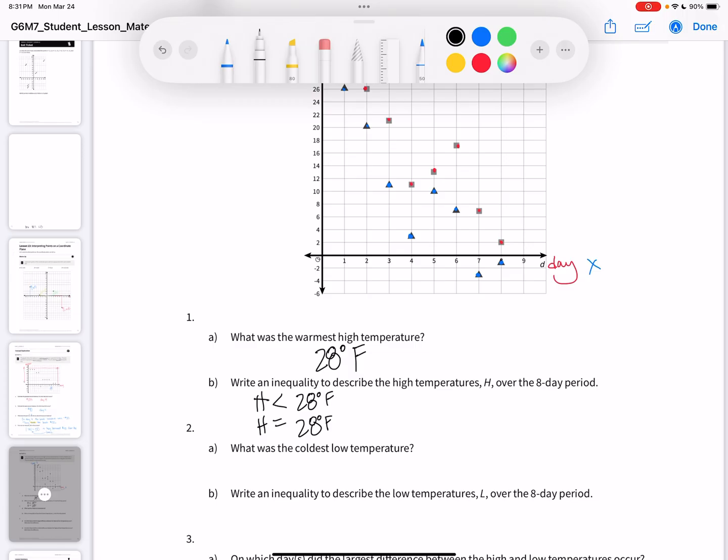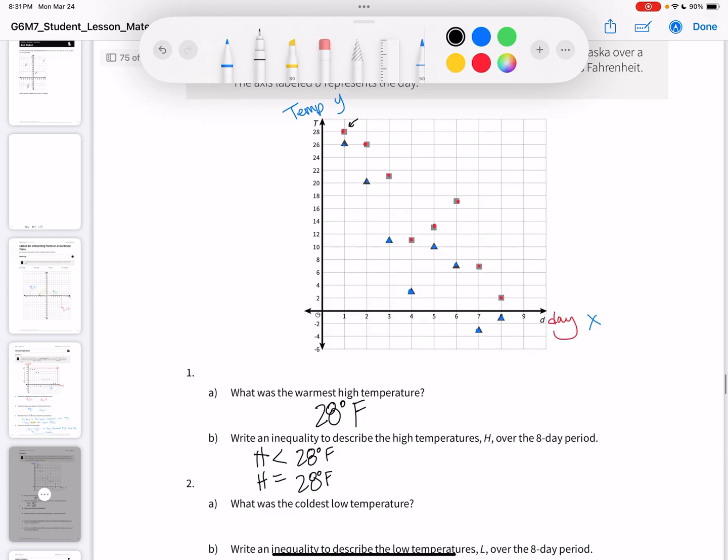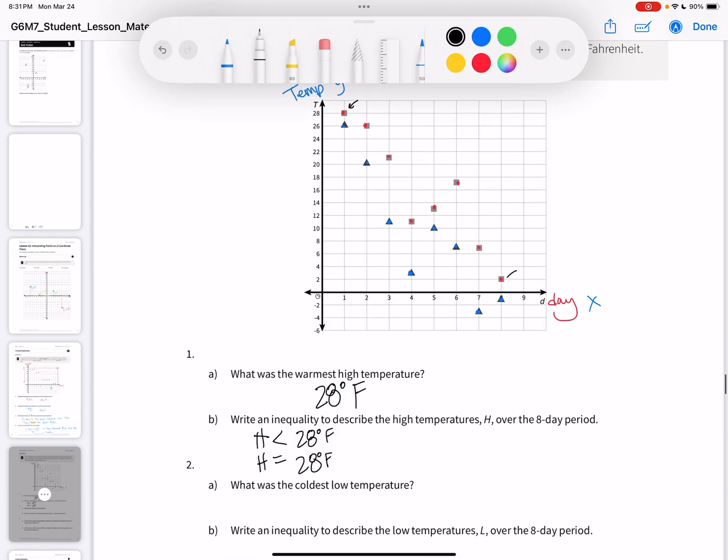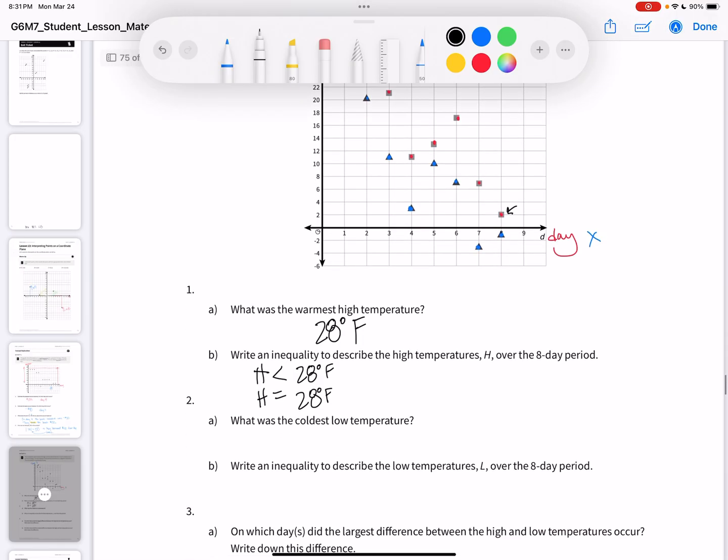And on the lowest side of the high temperatures is this one right here, and it got to 2. So H would have to be greater than or equal to 2 degrees Fahrenheit. Okay? Now, that's a lot of writing. We can write it cleaner like this.